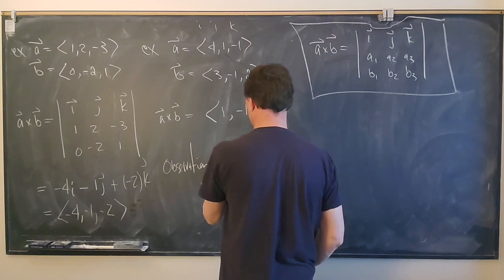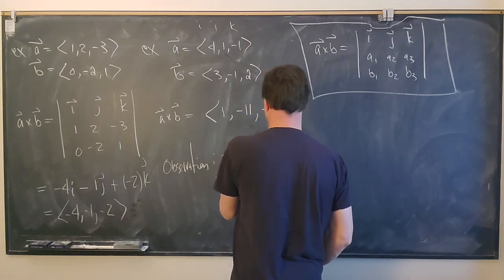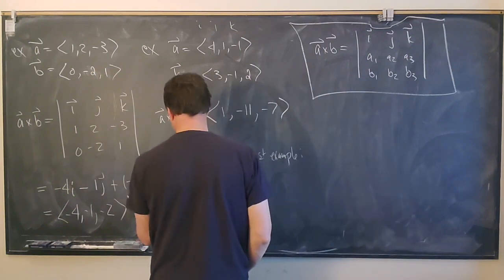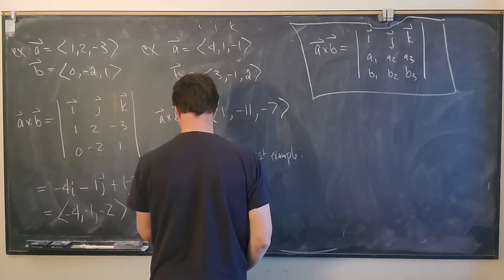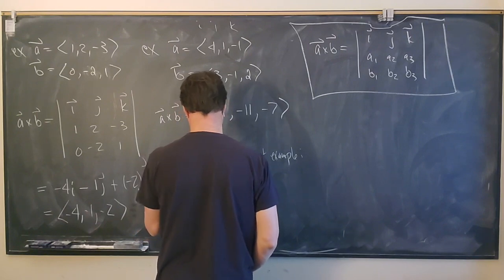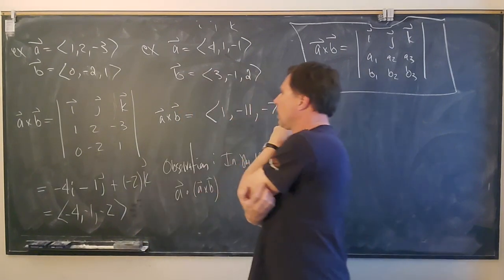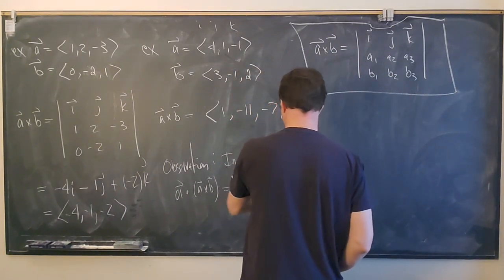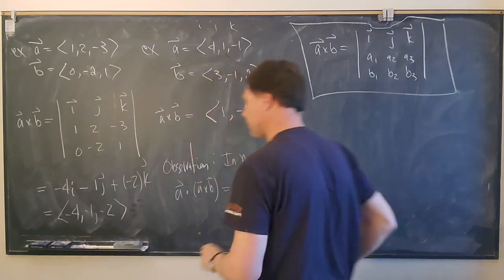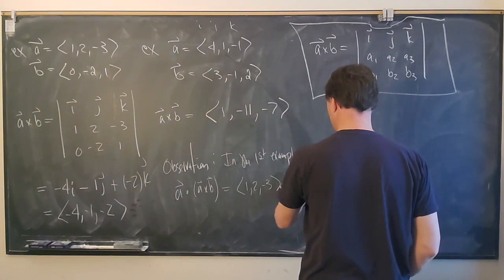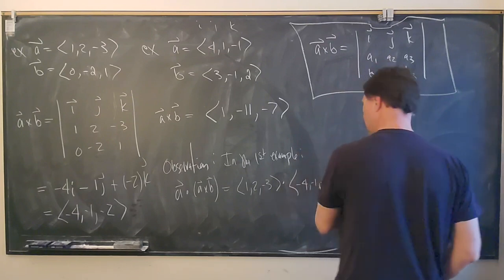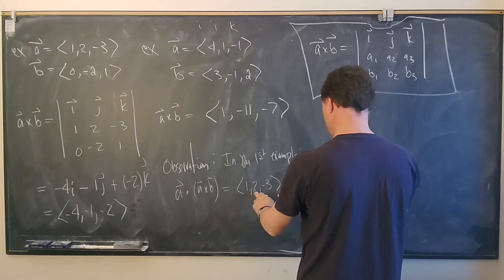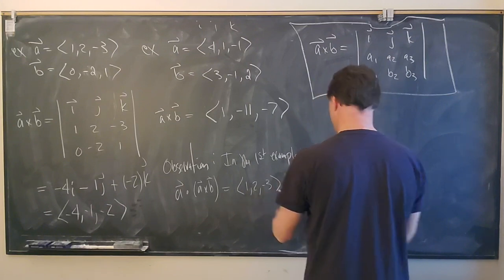In the first example, I'd like to look at A dot A cross B. So A was 1, 2, minus 3, and A cross B is right here, minus 4, minus 1, minus 2. And so let's see what happens. It'll be minus 4, minus 2, so that's negative 6 plus 6. We get 0.